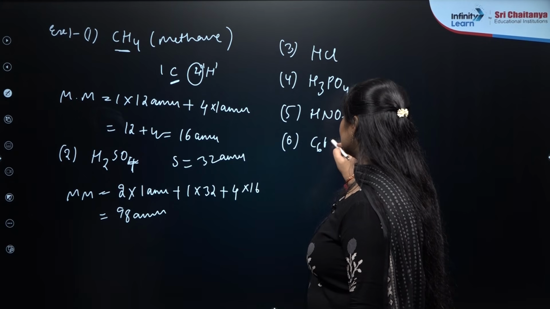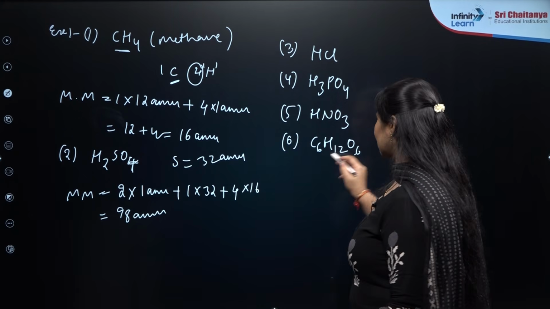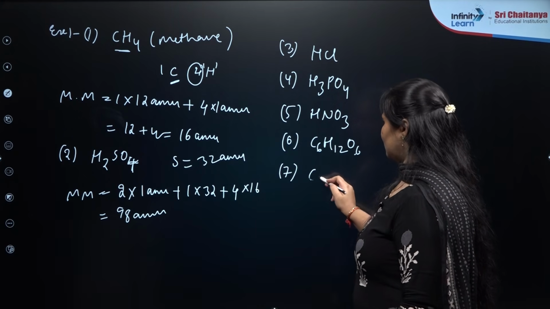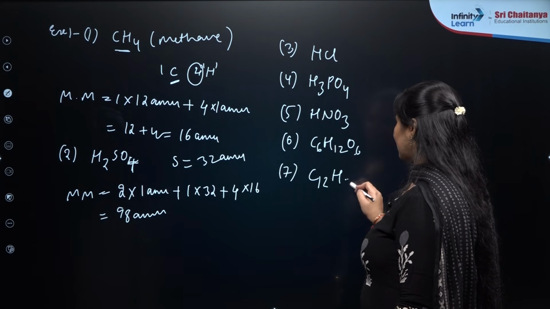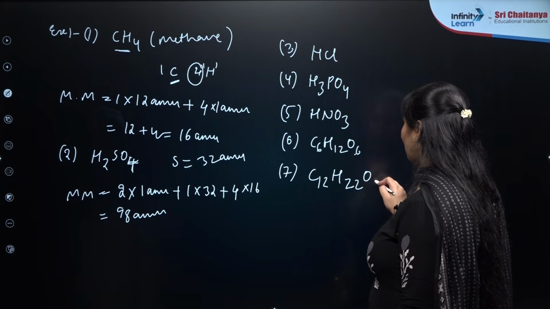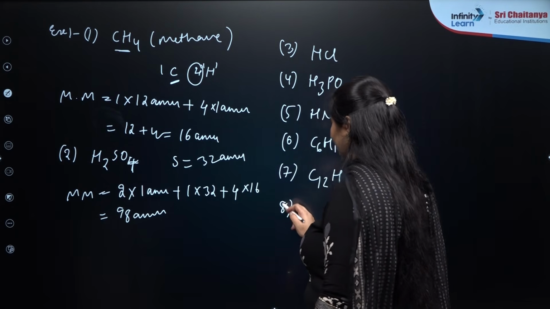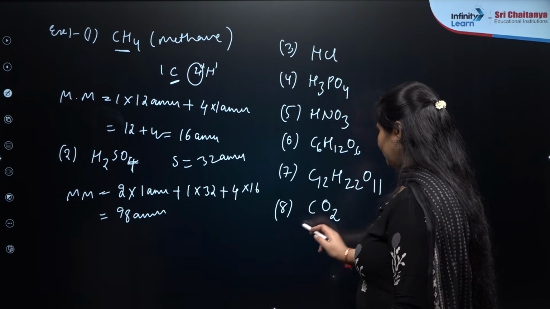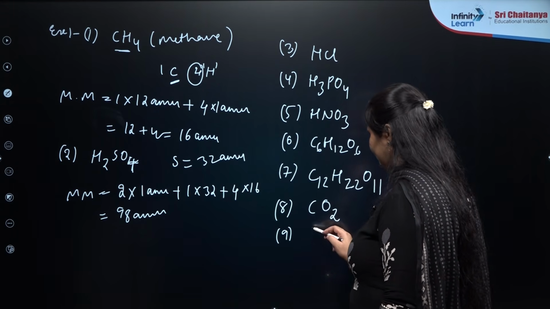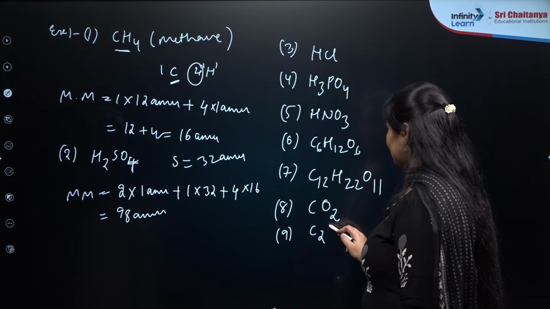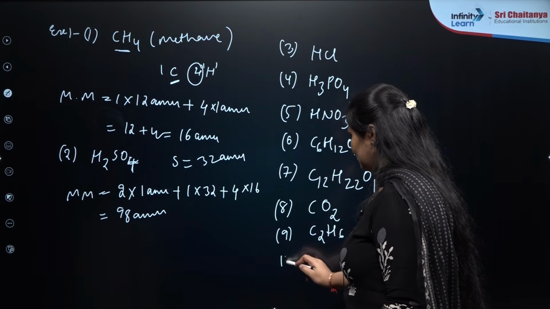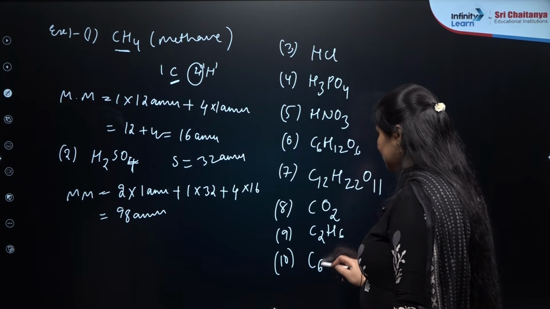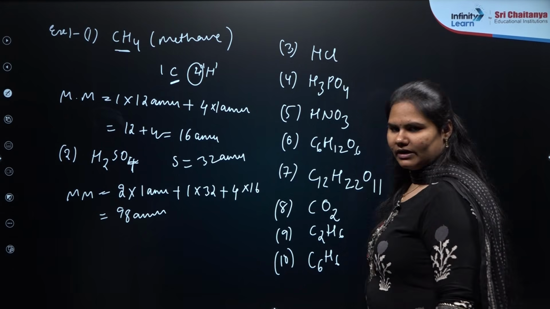Next, C6H12O6, C12H22O11, and then we have CO2 and C2H6 and then C6H6. These are some important molecules which we might get.